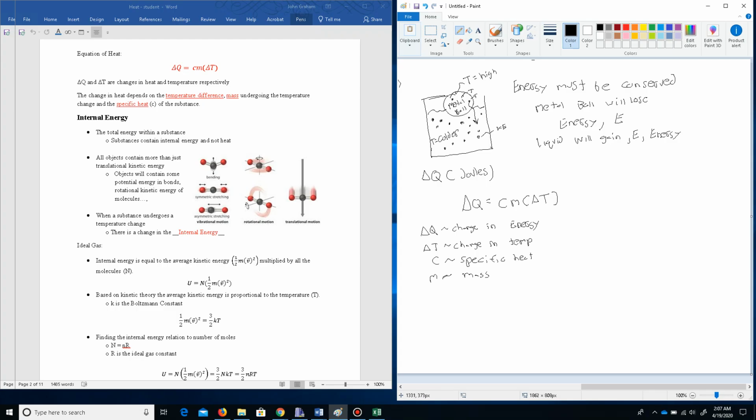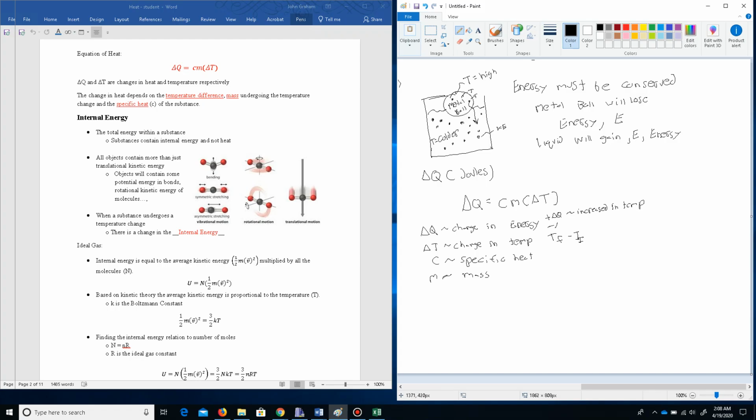Now notice with the change in temperature, if we have T final minus T initial, if final temperature is higher, this comes out positive, which makes this change in energy positive. So positive delta Q means an increase in temperature.